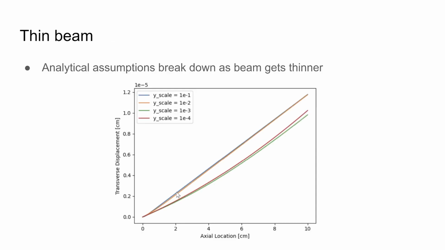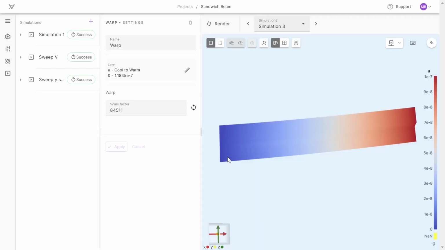So if we now take a look at this curve, which is basically again plotting the transverse displacement along the axial location of the beam. So you could imagine it to be like the lower line of the beam.